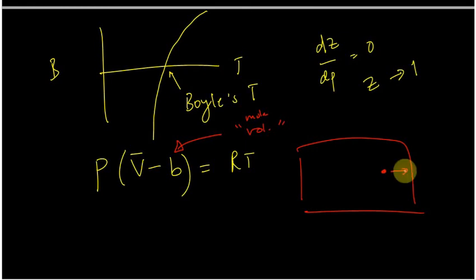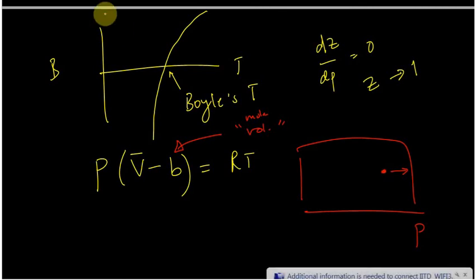And when it hits the wall, you get a pressure P. Now this pressure P was assuming, for the ideal gas, that this does not interact with any other molecule.